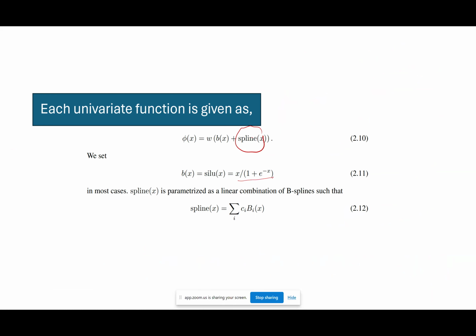So they are using a combination of splines plus this nonlinear activation. These are the learnable parameters. W is a learnable parameter, and for the splines we have the control points. What is this omega or W? Is that a matrix? They say it's a learnable parameter, a single real number, a scalar. Okay.